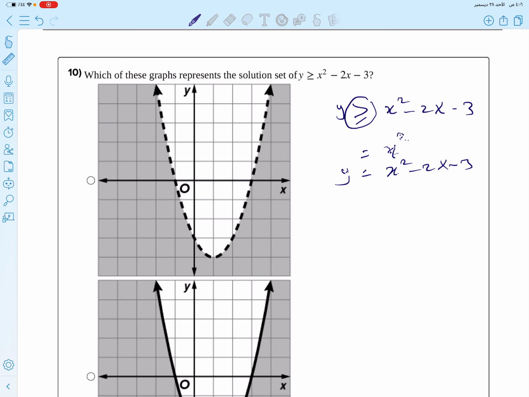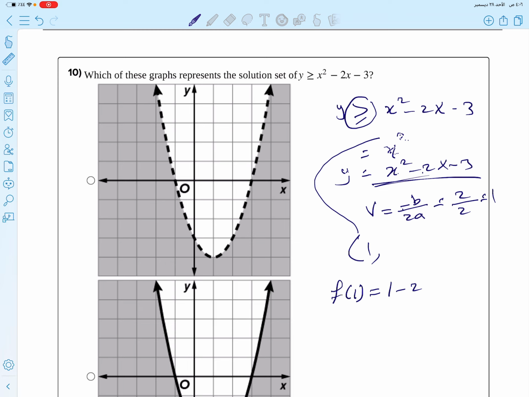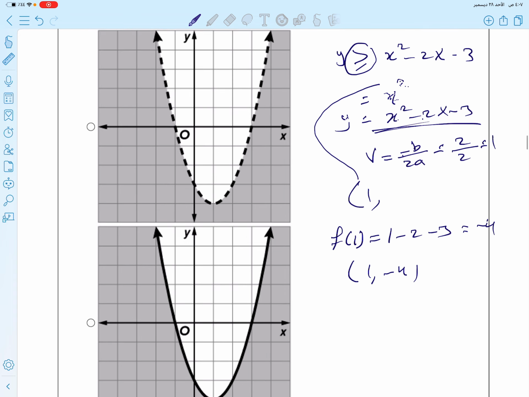To graph this quadratic, I need the vertex, negative b over 2a. Negative b will be negative of negative 2, so 2 over 2 equals 1. The axis of symmetry is x equals 1. I need to plug it back into the function. f of 1 equals 1 minus 2 minus 3, which is minus 4. So (1, minus 4) is the vertex.